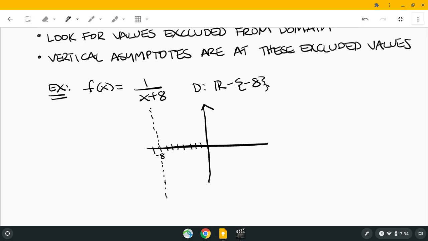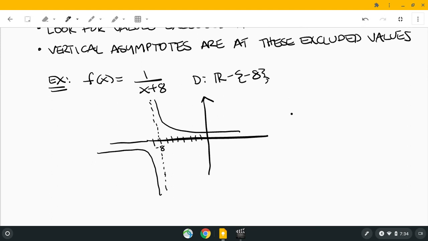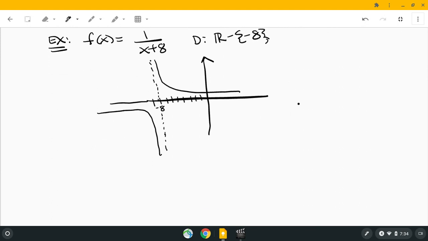Then what happens is you would end up with a graph like this and a branch there, and you would have a branch over here. But being able to recognize where that vertical asymptote, that invisible wall, is going to be your key to being able to match the graphs. If you have another function, let's take a look at this one.